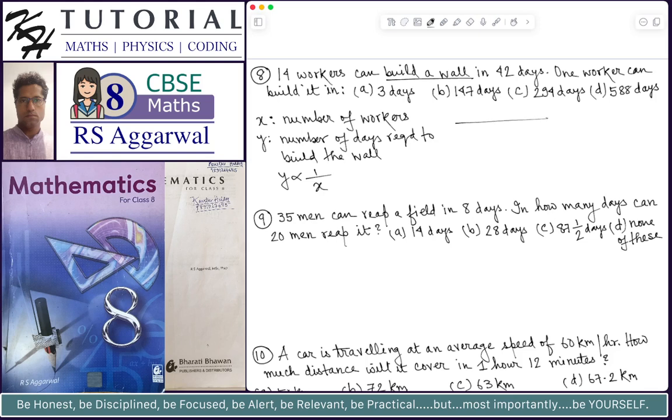So if we now create a table of the quantities X and Y, it is given that 14 workers can build the wall in 42 days. Now it is asking one worker can build it in. So let's say one worker can build the wall in Y1 days.